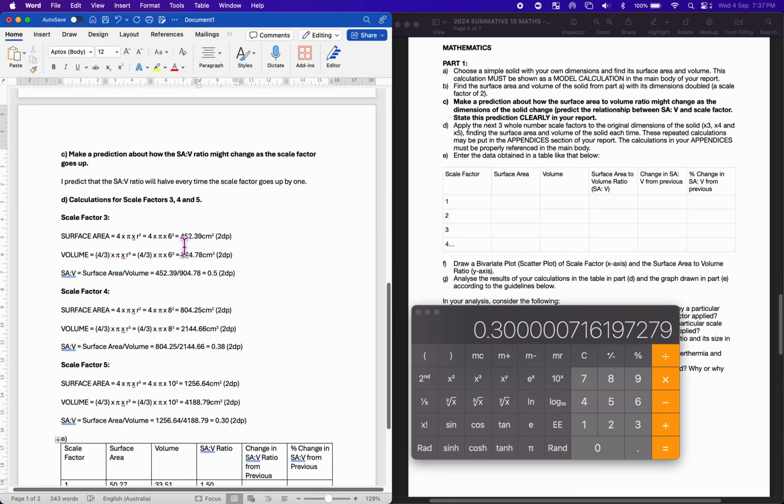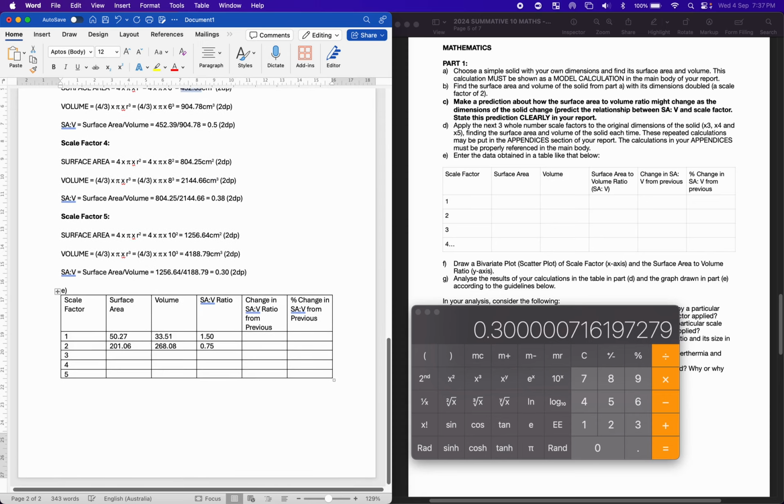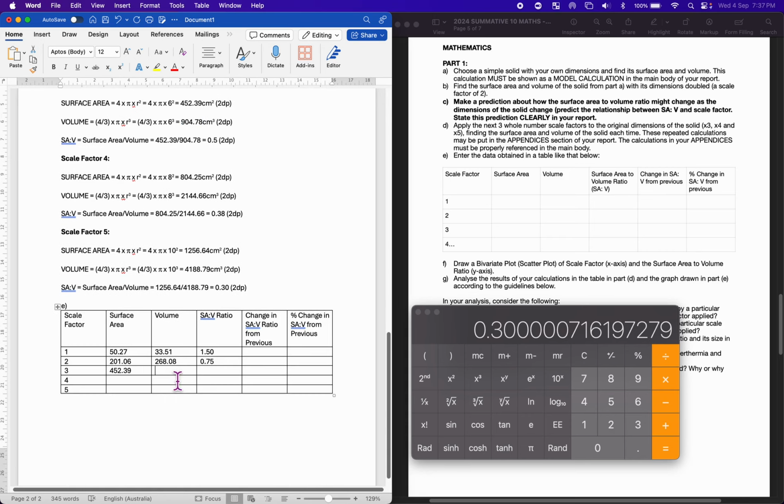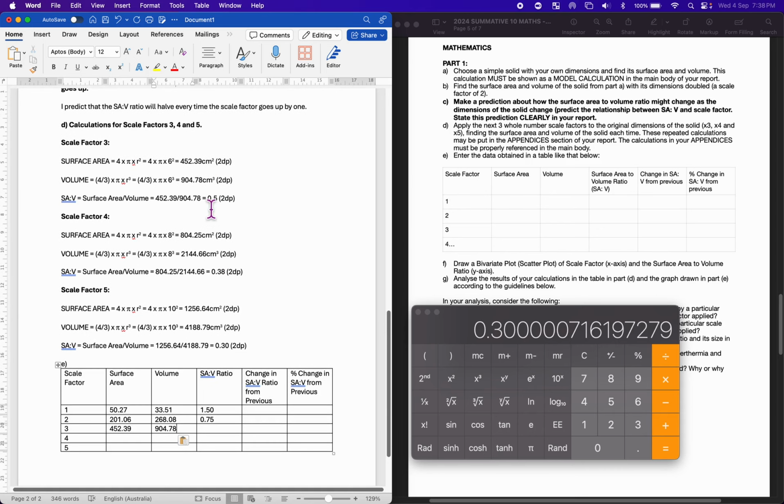Scale factor 3, 452.39. Volume 904.78. The ratio was 0.5. 804.25. 2144.66.